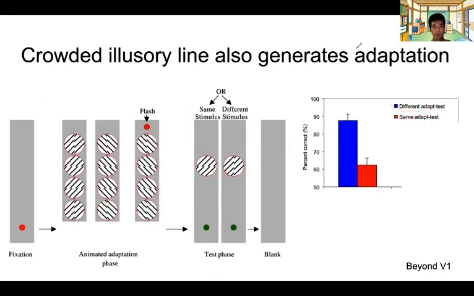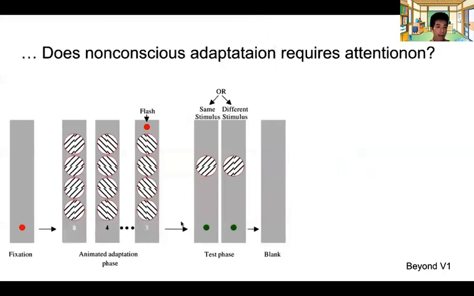The important twist for this particular experiment was that they added an attention manipulation, because they knew that this kind of adaptation should happen without visibility. So subjects were asked to detect a number that is, for example, even and black or something like that.